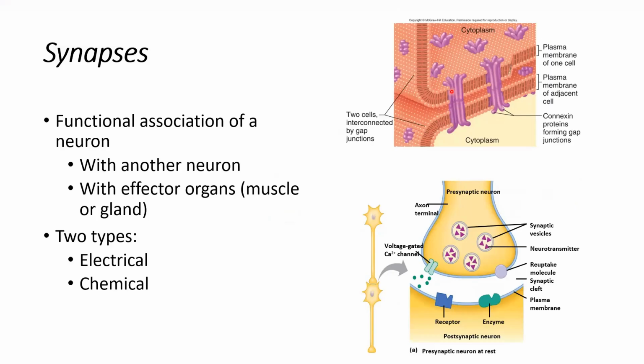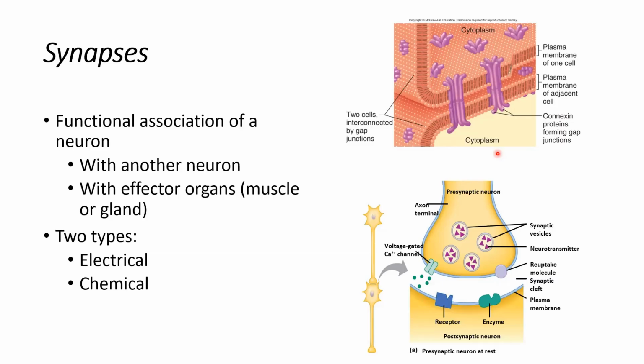So the signal here just simply moves through the gap junction, and it doesn't need to be converted into a chemical signal. There is no neurotransmitter involved. It's simply action potential moving through this passageway from cell to cell, right? Ions that are helping with the depolarization moving from cell to cell. So this is why it can also be bidirectional. It can go from one cell and back and forth to the other.